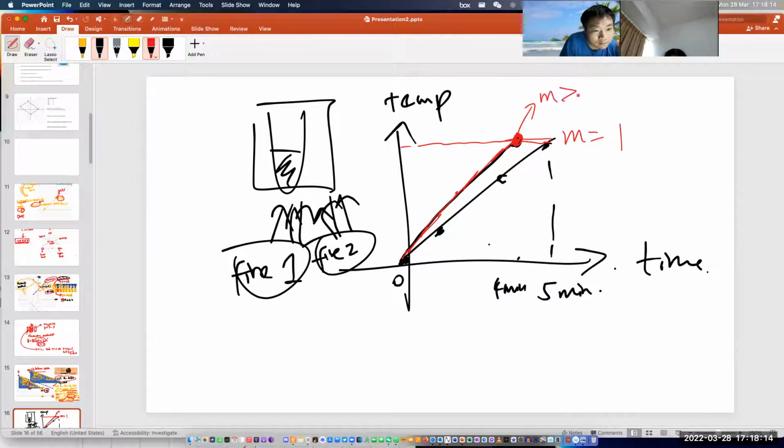So if this gradient is 1, what do you think the gradient of this is? Is it more than 1 or less than 1? That's what you need to answer. What do you think the gradient of this line is? Is it more than 1 or less than 1?